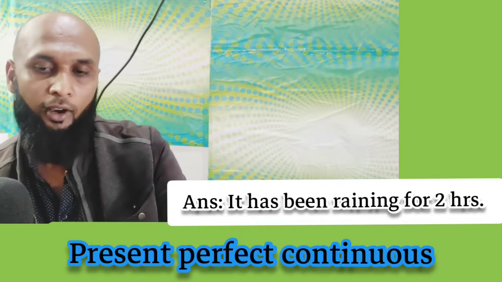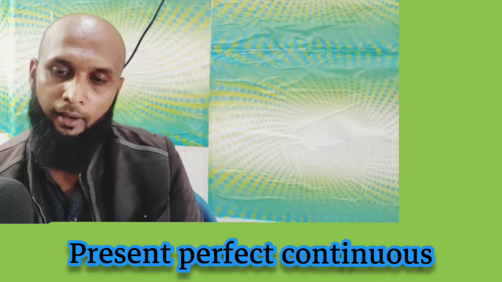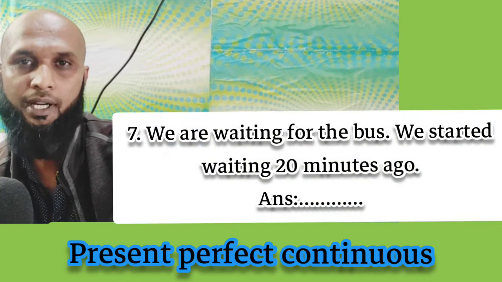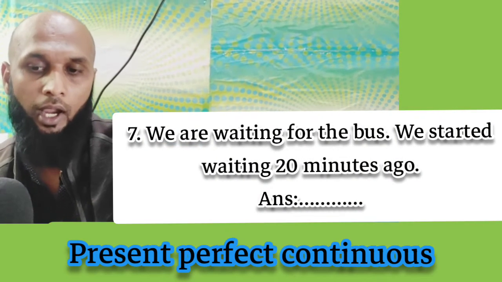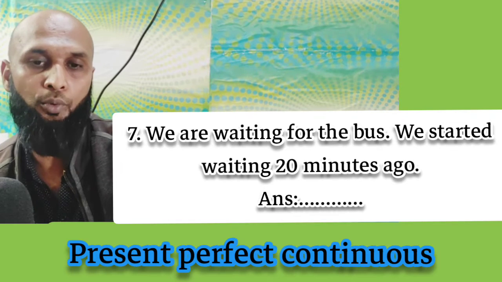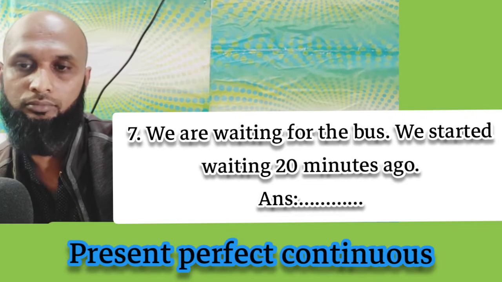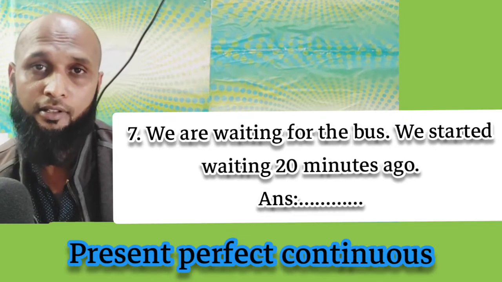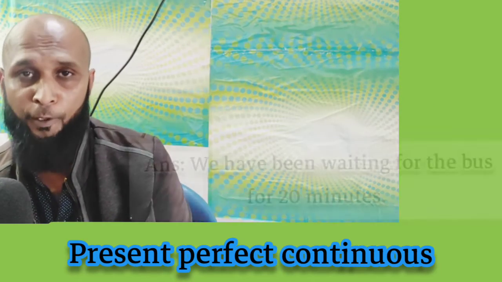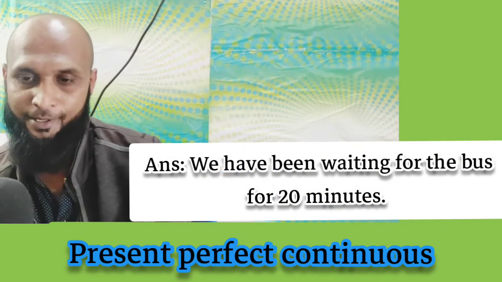Alright? And now let me give you one more situation. We are waiting for the bus. We started waiting 20 minutes ago. How are you going to say that? The total duration in a sentence. That's right. We have been waiting for the bus for 20 minutes.